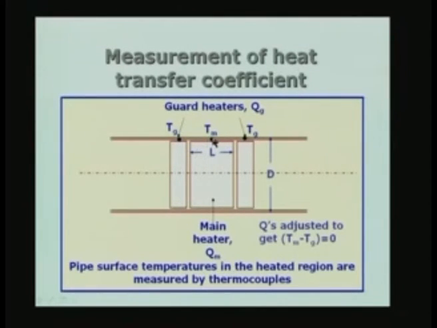So, you can see that the temperature of the pipe close to the main heater will be Tm, the temperature close to the region where the guard heaters are placed is equal to Tg.